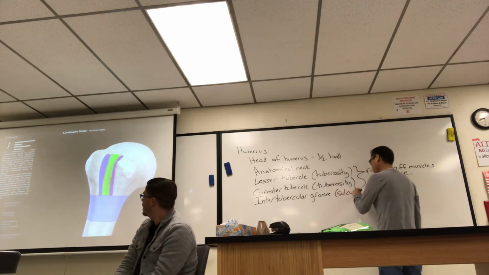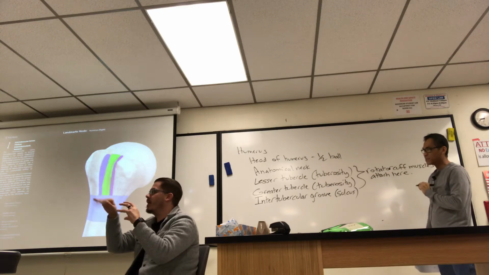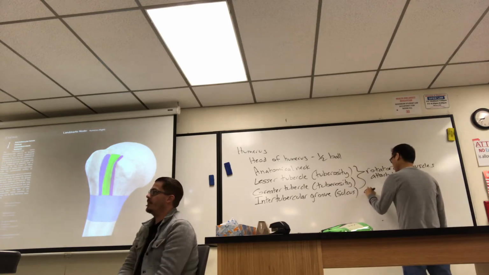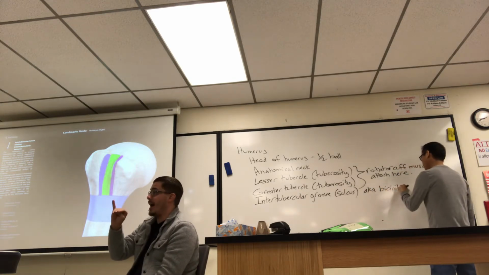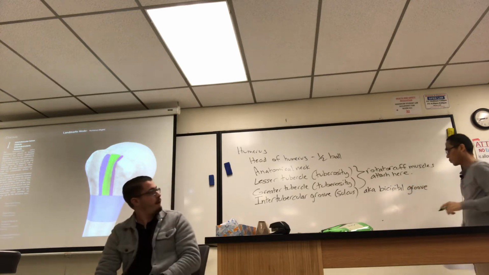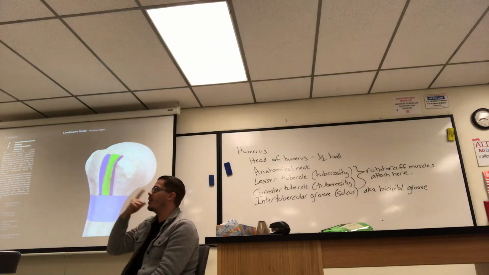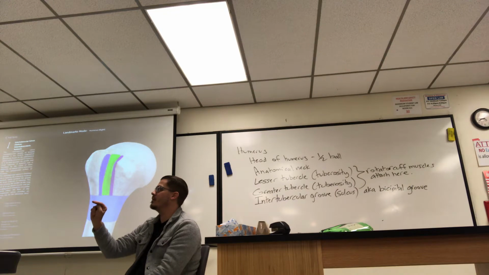A sulcus is a groove. This is also known as the bicipital groove, aka the bicipital groove. It is a groove for the long tendon of the long head of biceps brachii.